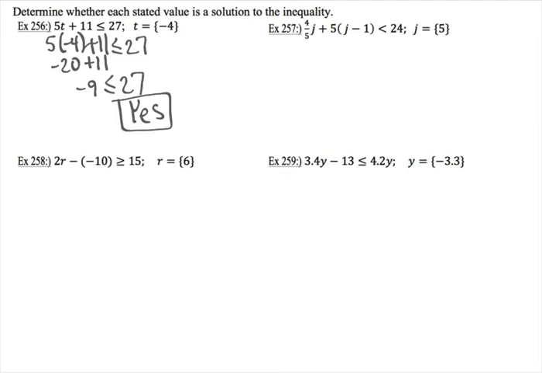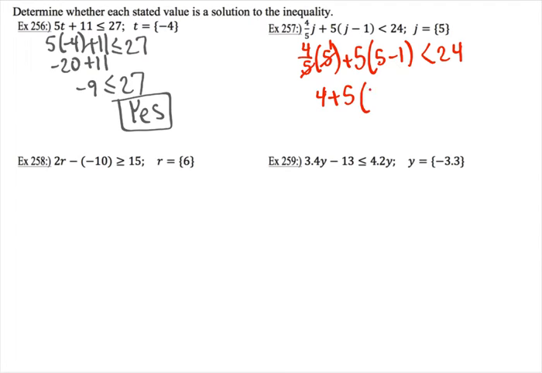Let's move to the next example, example 257. 4/5 of j plus 5 times parentheses j minus 1 less than 24. Plug in a 5, so 4/5 of 5 plus 5 times 5 minus 1 has to be less than 24. 4/5 of 5 is 4. 5 minus 1 is 4.